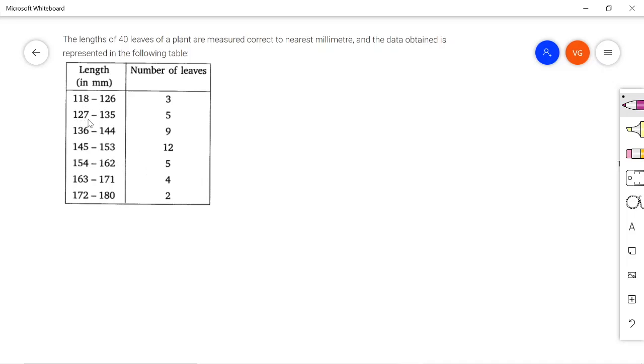Next is 127 to 135, right? So there is no continuity here. In that case, you have to take the average of that gap, add it to the upper limit of the first class and subtract that 0.5 from the lower limit of the second class. That will be the perfect class interval.